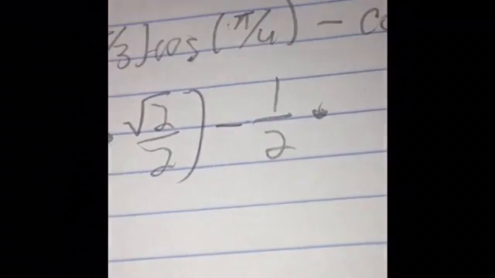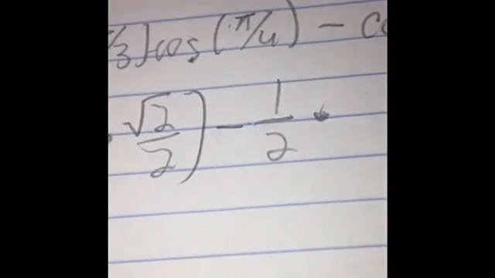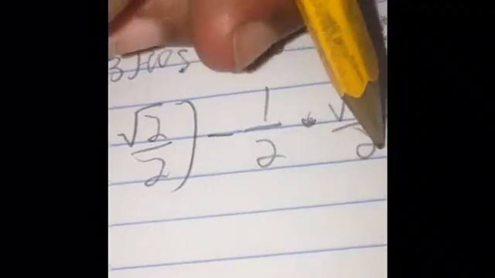So now all we need to do is substitute again by finding these values. The sine of pi over 3 would be root 3 over 2, and the cosine of pi over 4 is root 2 over 2, minus cosine of pi over 3, which is 1/2, times sine of pi over 4, which is root 2 over 2. I meant to say pi right here.